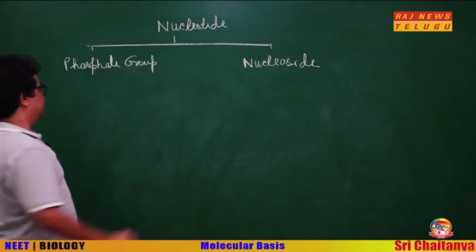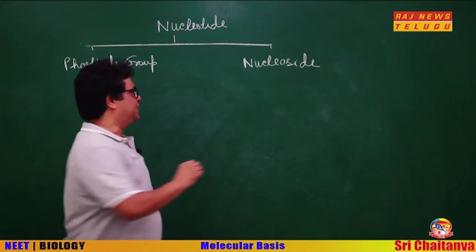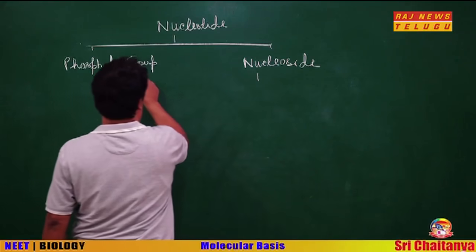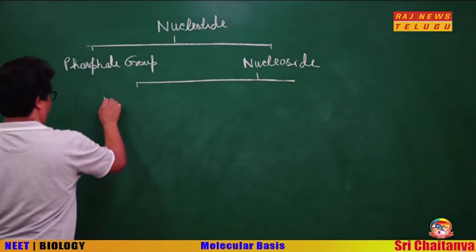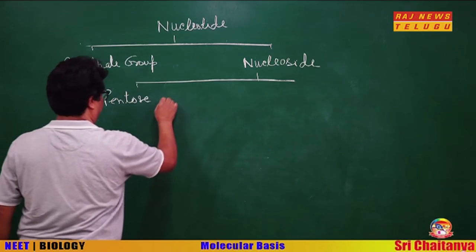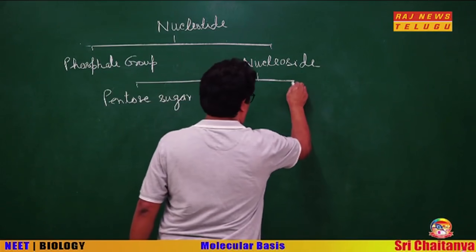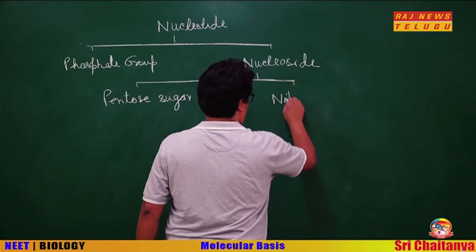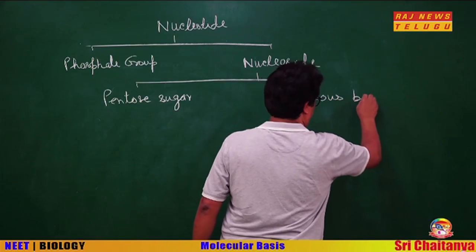Okay, this is H3PO4. Now nucleoside again has two constituents. Pentose sugar and nitrogenous base.